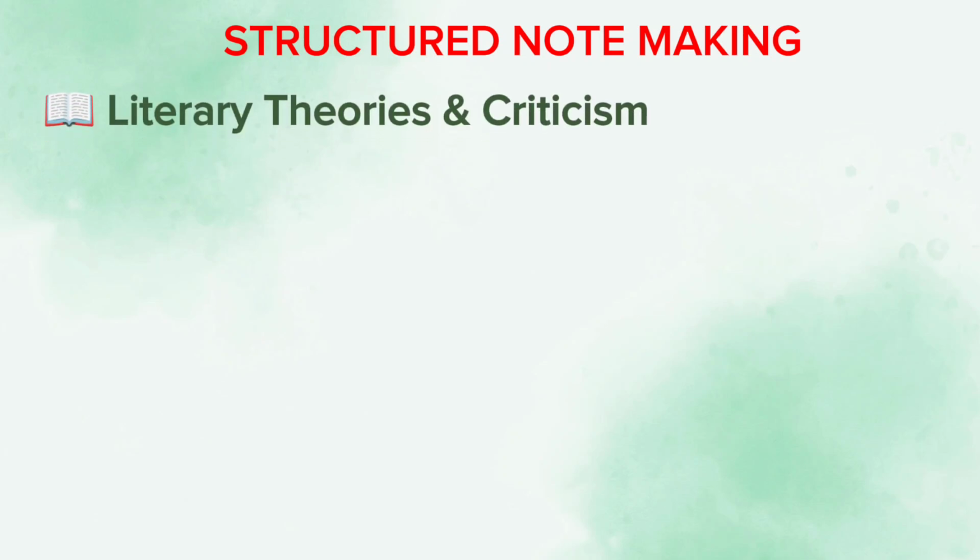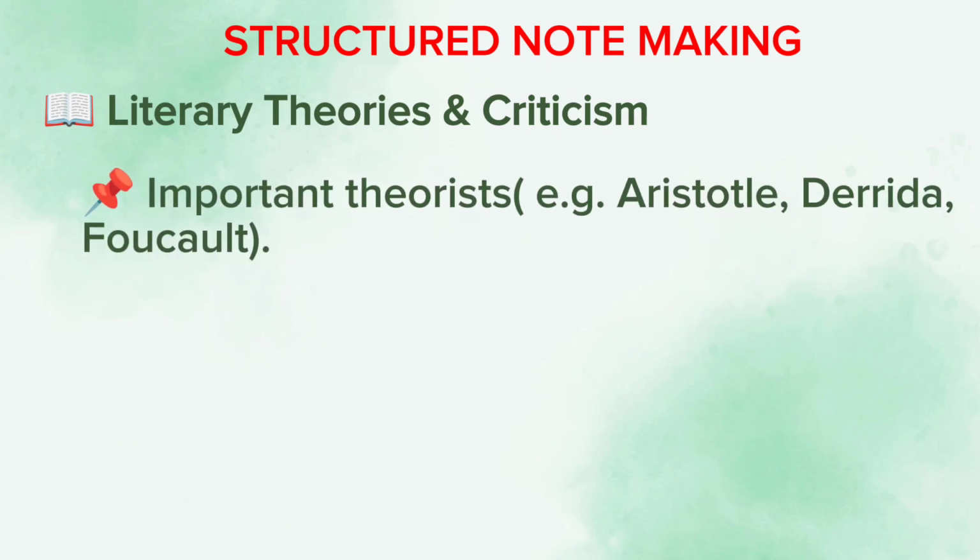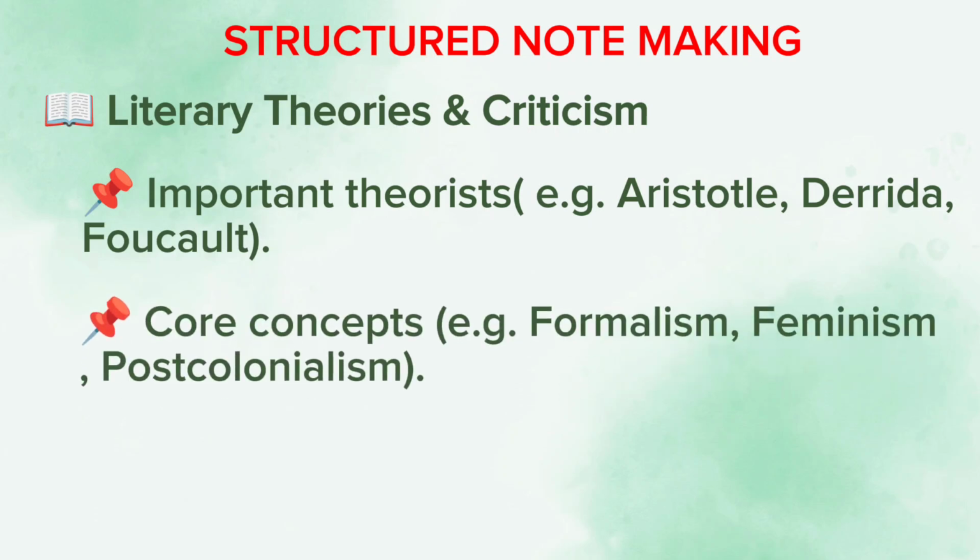Similarly, when noting literary theories, focus on key theories and their ideas. For example, notes on literary theory and criticism. Suppose you are making notes on literary theory and criticism, you should remember the important theorists, like Aristotle, Derrida, Foucault, and many more. And core concepts, that is formalism, feminism, post-structuralism, structuralism, psychoanalytic theory.